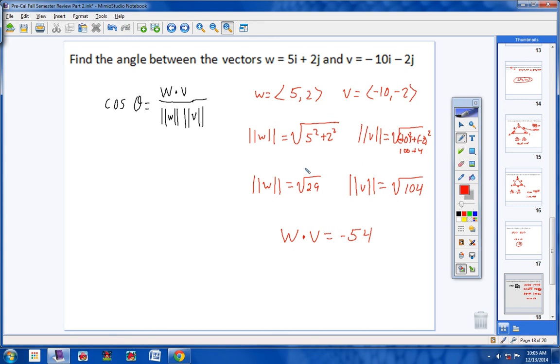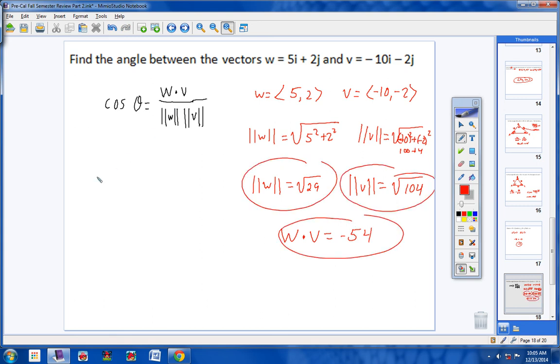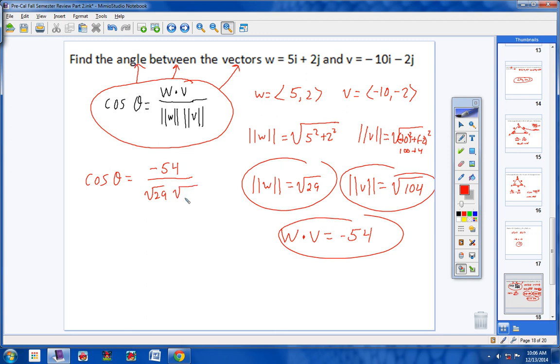So we have everything we need right here to substitute into our equation. So here we go. Cosine of theta equals, this is the formula, guys. This is the formula that gives you the angle between vectors, okay? Alright, so W times V is your numerator, and that's negative 54. Magnitude of W is square root of 29 times the magnitude of V is square root of 104.